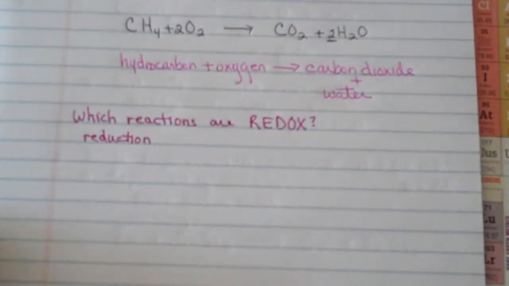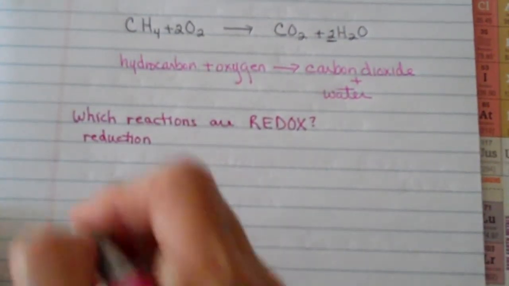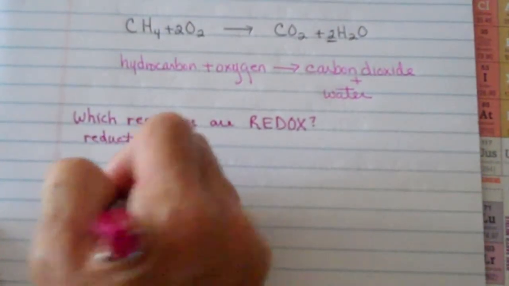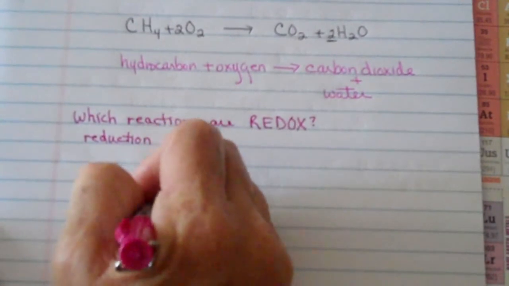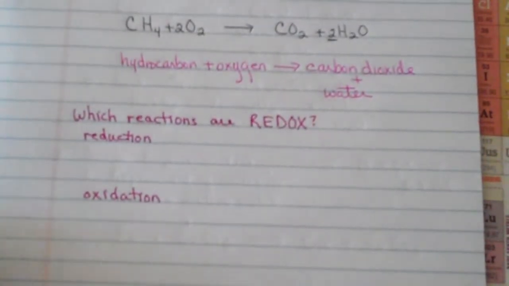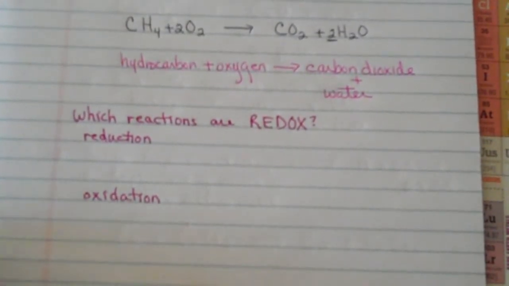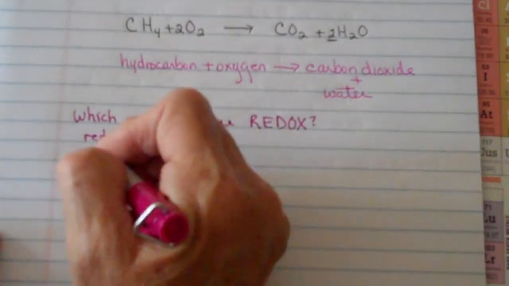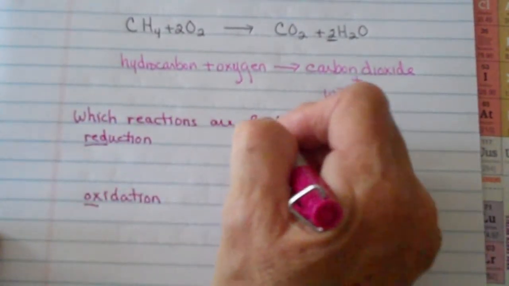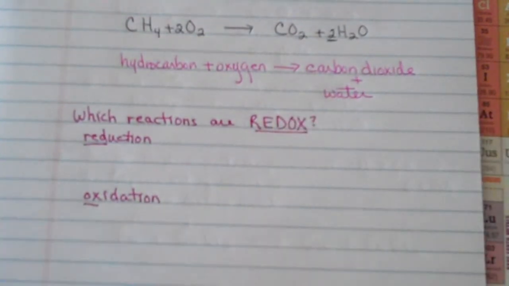And the other reaction that's taking place is called an oxidation. For these reactions to occur, they both have to occur simultaneously. You cannot have one without the other. So that's where you get reduction and oxidation forming a redox reaction.